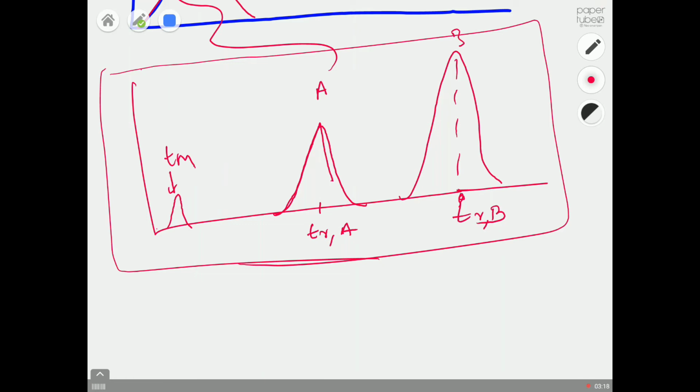And from this, obviously, we know the retention time. So we know the retention time of analyte A in the stationary phase, and we also have the retention time of analytes A and B in the mobile phase. So from that we can calculate the retention factor k value, which you know how to do.